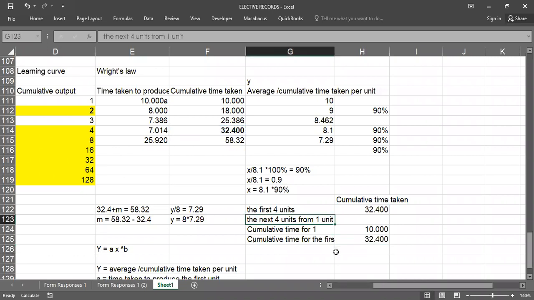So the next is the difference between the two. This is the big minus small. This value here is what you call the next. Okay, so I hope I've answered all your questions.